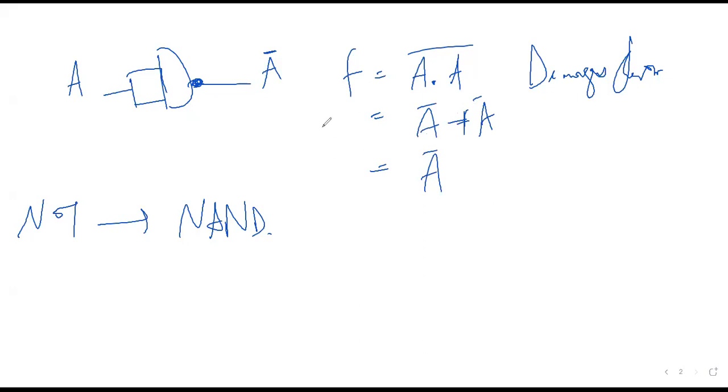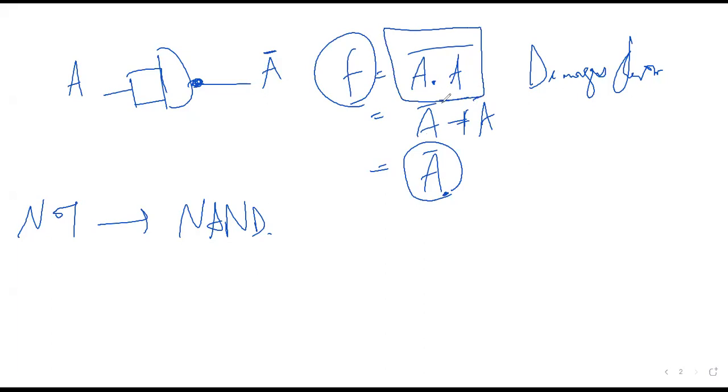So it means if I have an input and I want an output of a function which is A bar, how do I represent it using a NAND? This is a NAND expression here. NAND means you have A and B, not.